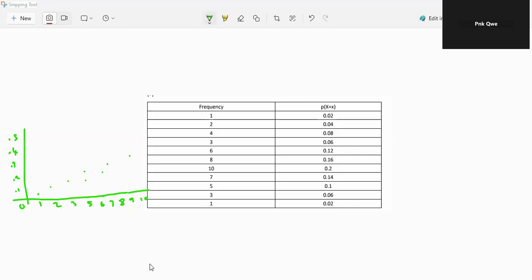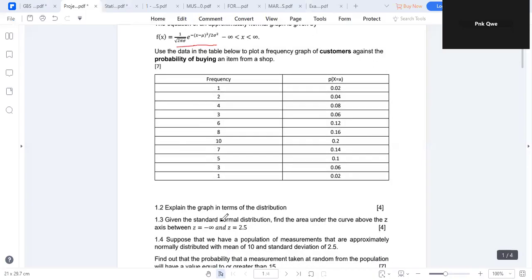Okay. What is a normal distribution? When the standard deviation is given, for a normal distribution the area under the graph on the axis is between negative infinity and z equal to 2.5.